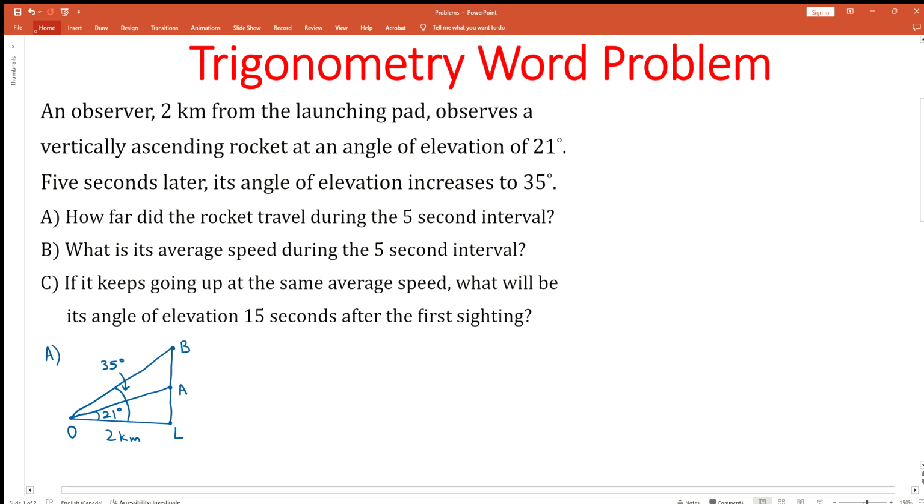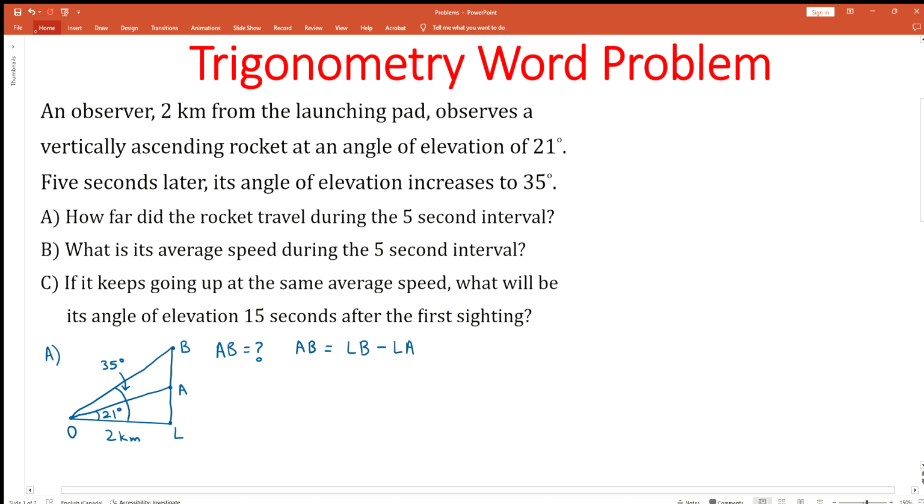So we have to find the distance from A to B. We can find the distance from A to B by finding the distance from L to A and then L to B and then subtracting those distances. So distance from A to B will be equal to LB minus LA.